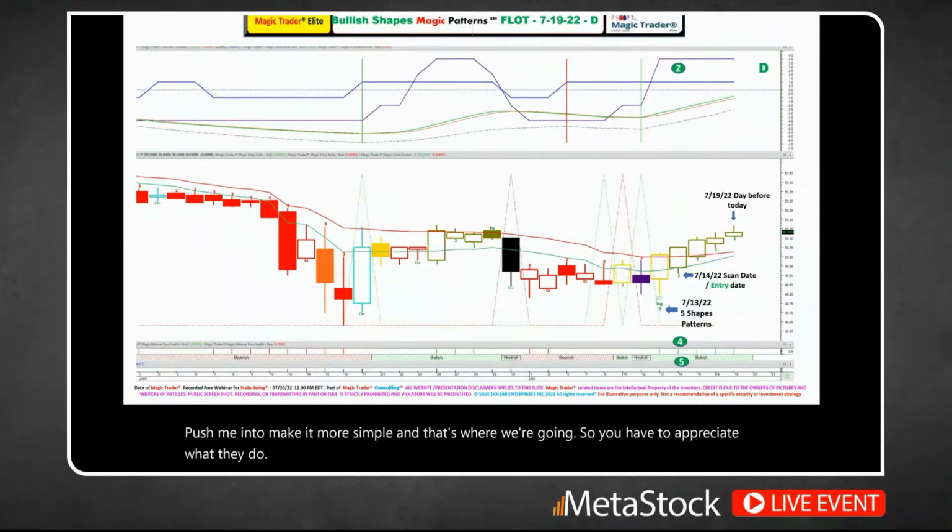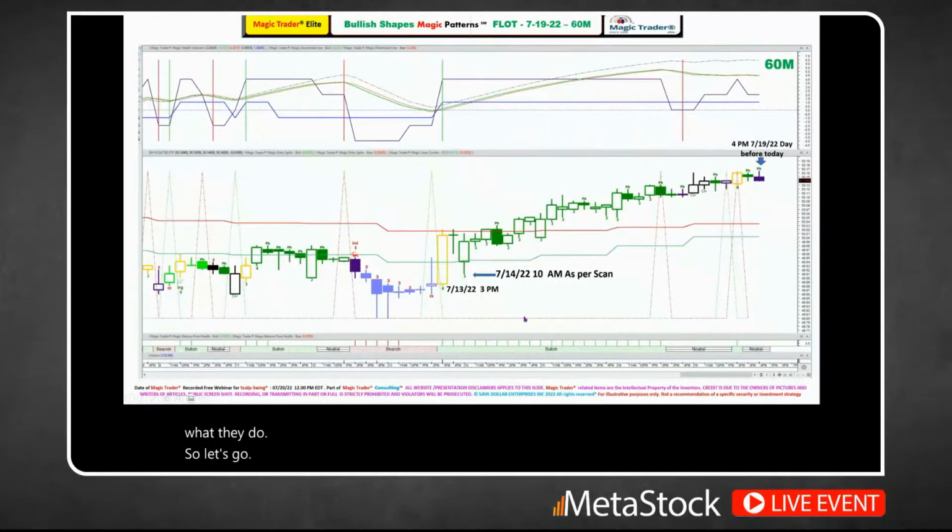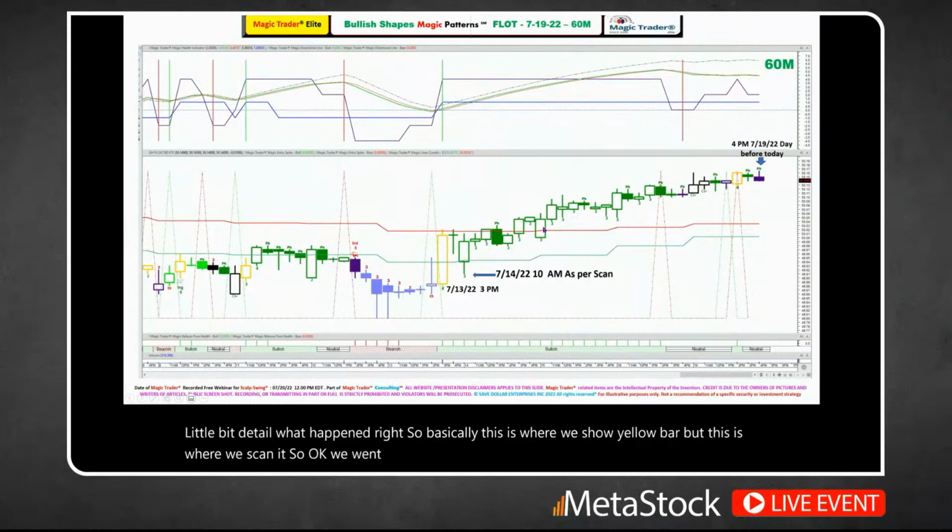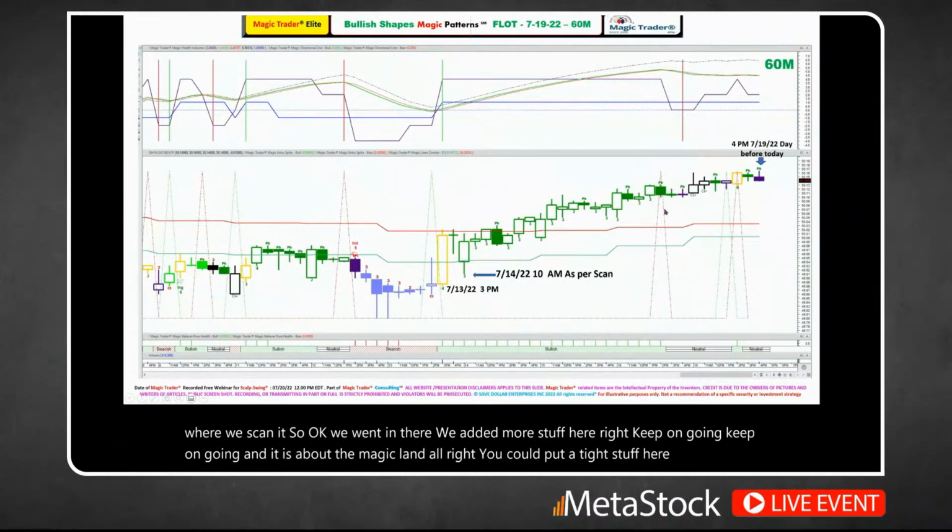So let's go into a little bit of detail on what happened. Basically, this is where we show the yellow bar, but this is where we scan it. We went in there, we added more stuff here. It keeps on going, and it is about the magic line. You could put a tight stop here. So I've got to put on my technical hat.